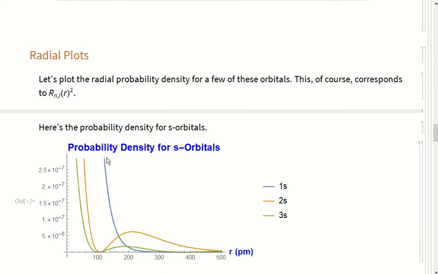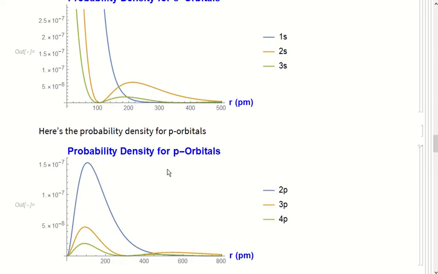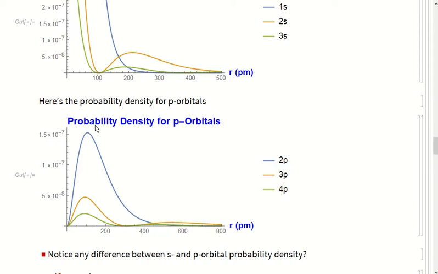And you can see that all three rise to a maximum, although it's not shown here because it's not carried out to r equals 0, that they reach a maximum at r equals 0, which of course corresponds to the nucleus, which should cause you to ask some questions, I would hope, and we'll come back to this in a few minutes. Here is the corresponding plot for p orbitals, again the radial component squared, and we see for the p orbitals the value is 0 at the nucleus. We'd also see the same for d orbitals if we were to plot those.